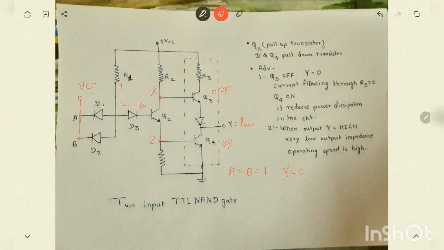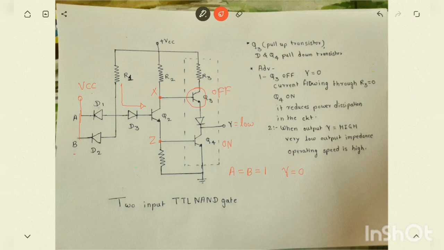When output Y is high, there is very low output impedance, and operating speed is high. These are some advantages of the totem pole output. It reduces power dissipation in the circuit, and second, its operating speed is high, and because transistor Q3 acts as an emitter follower, its output impedance is low.